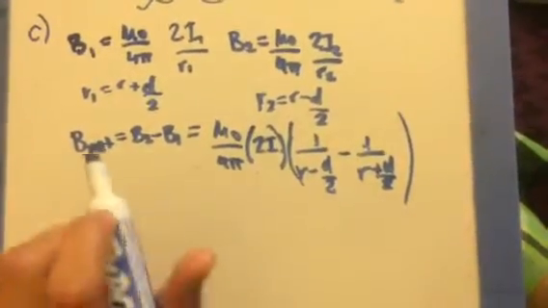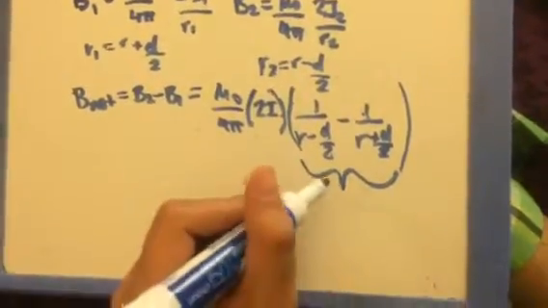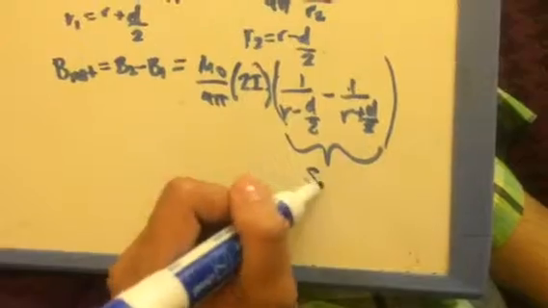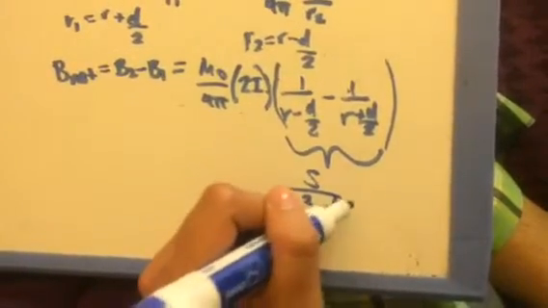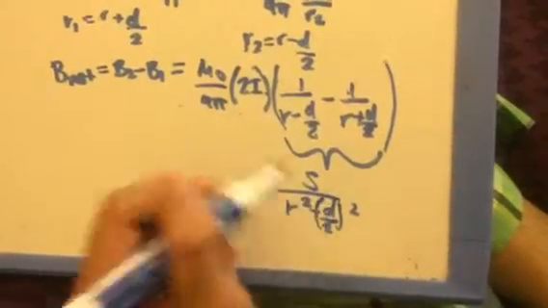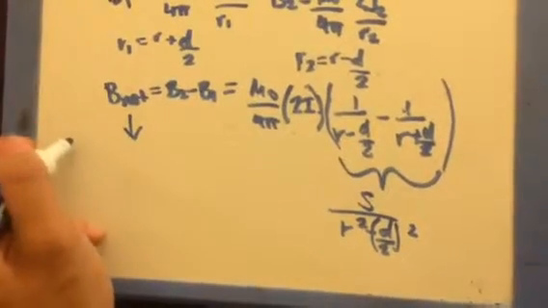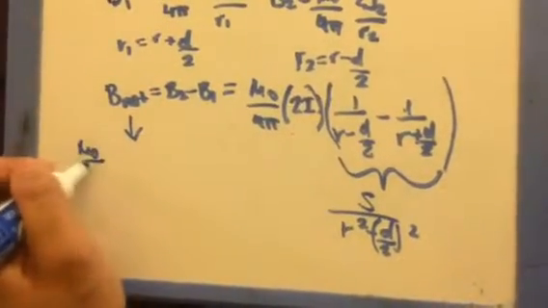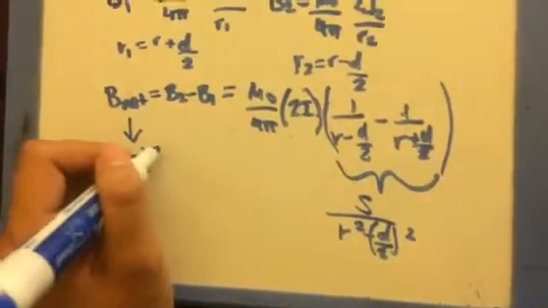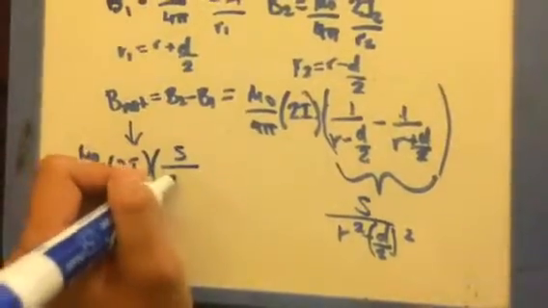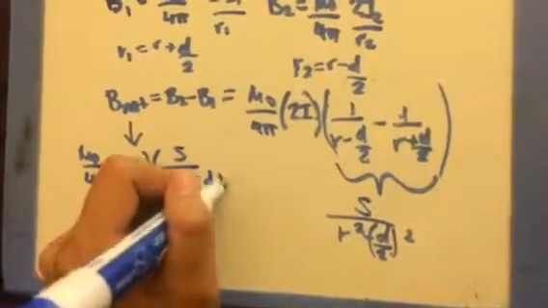Since we can simplify this further, we will do so. We will simplify that down to D over R squared minus D over 2 squared, so that our new B net formula is mu naught over 4 pi times 2I times D over R squared minus D over 2 squared.